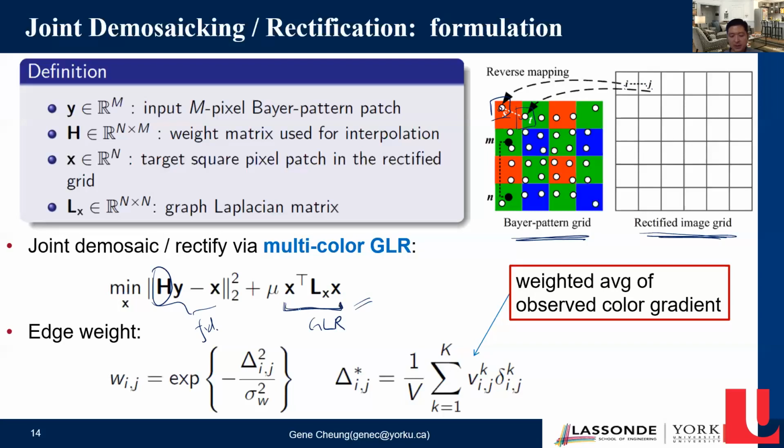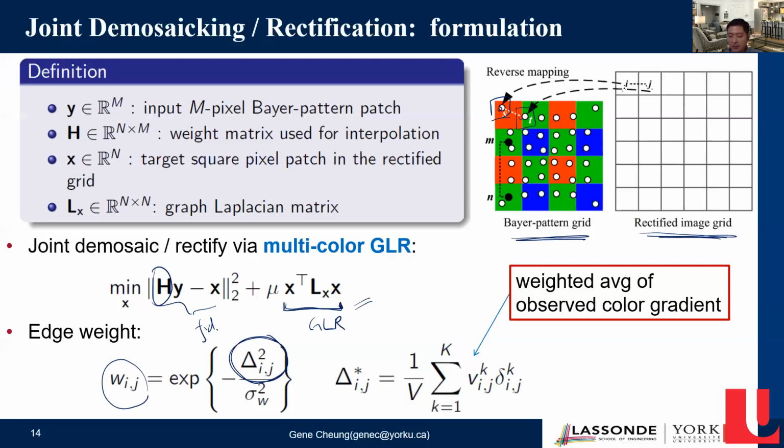Now, the challenge for this particular paper is that we want to estimate the proper edge weights so that you can do interpolation. The edge weights we assume are an exponential of minus the gradients. So if the true gradient between the two pixels I and J is large, then the weight should be small, and vice versa.